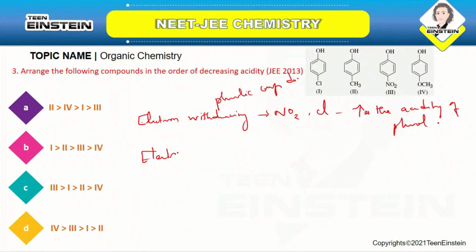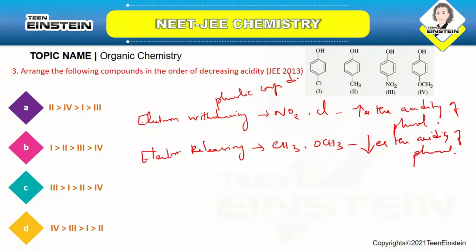Electron releasing groups like methyl and methoxy decrease the acidity of phenol.